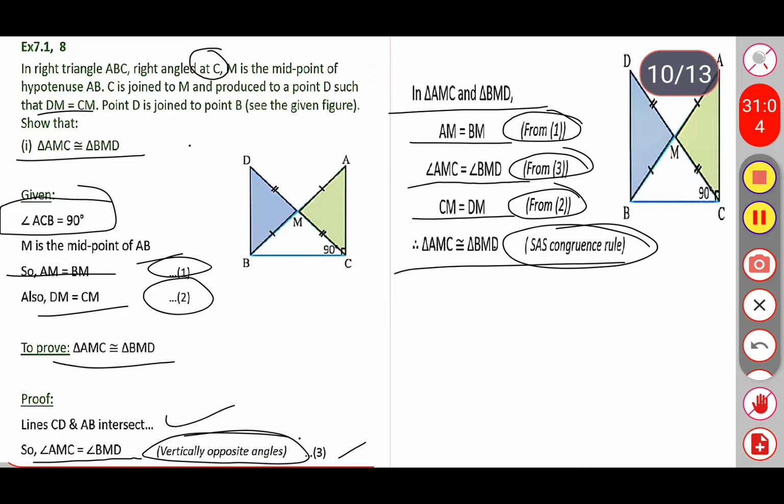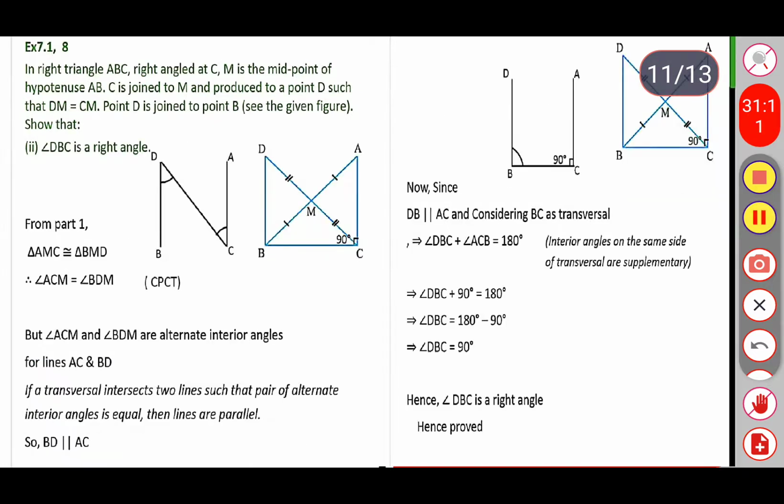Now see the second proof. What we need to prove in the second part: angle DBC is a right angle. So from equation 1, from the first part, we already proved that triangle AMC is congruent to triangle BMD, right? Once the two triangles are congruent, the remaining parts are equal by using CPCT.